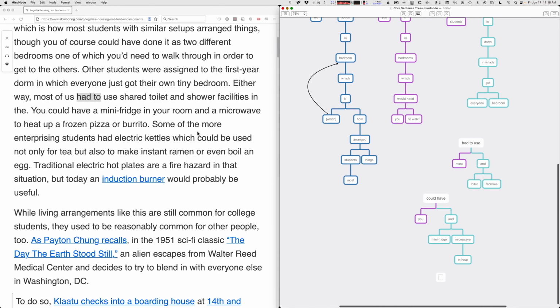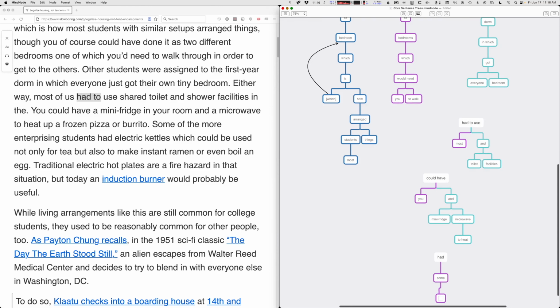What is next? We have some, and then we have a modifier. So some's going to be the subject, probably. Some of, or interpreting, yeah, some had. Okay, so we have had, some. I'll include students because that's pretty important for understanding what type of some it is.